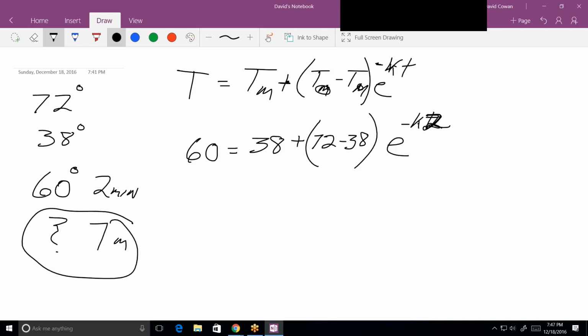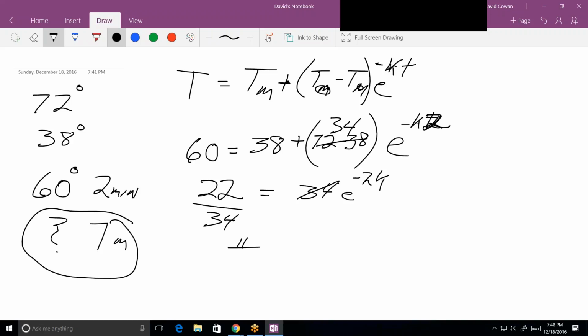Okay. Well, that's 34. What do I do? Subtract 38 from both sides, and you get 22 equals 34 times e to the negative 2k. And then divide both sides by 34, and you get 11/17 equals e to the negative 2k.